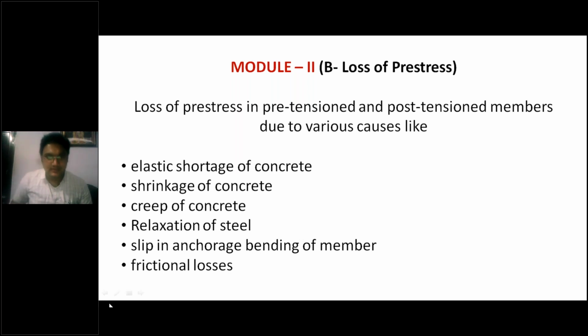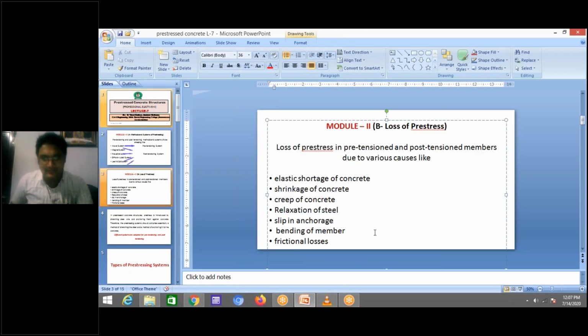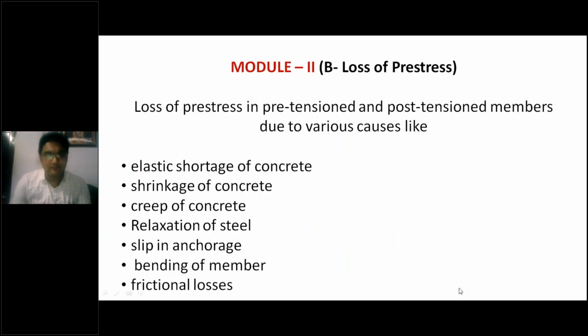Here, slip in anchorage is one and bending of member is the other one. Both are not the same. Bending of member is one of the losses. Due to bending also there will be pre-stress loss, and the final one is frictional loss.